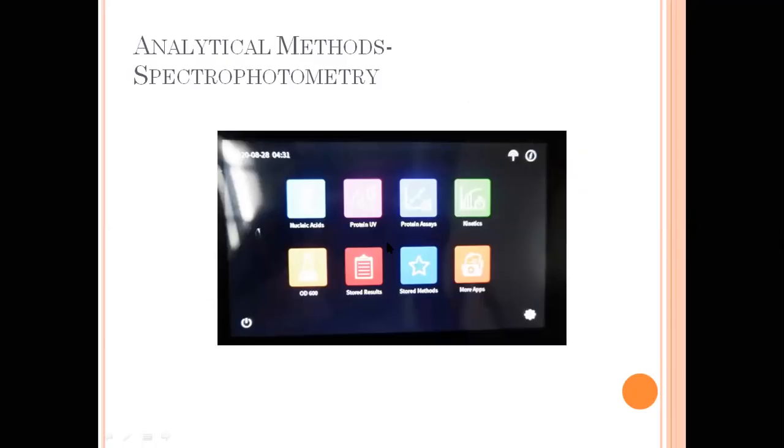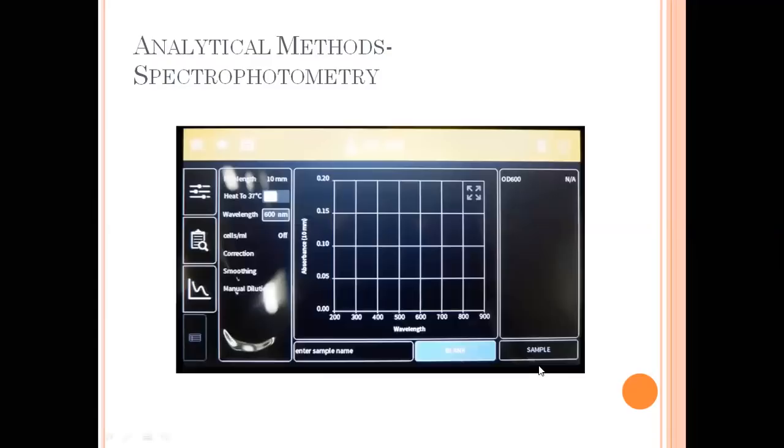So again, for example, we press or we click or we tap on the OD600 because that is the method that we're going to use. Okay? So pag kinlik mo siya or tinap mo siya, ito na yung lalabas sa screen mo.